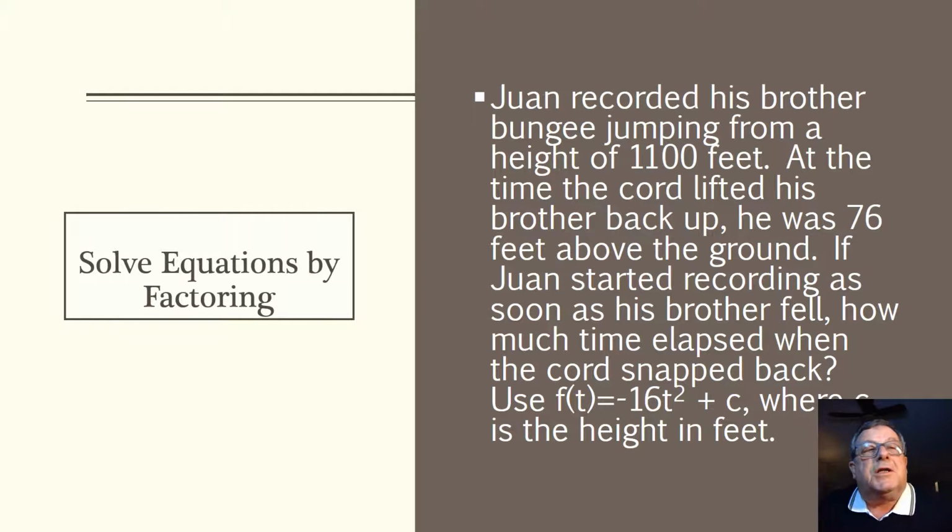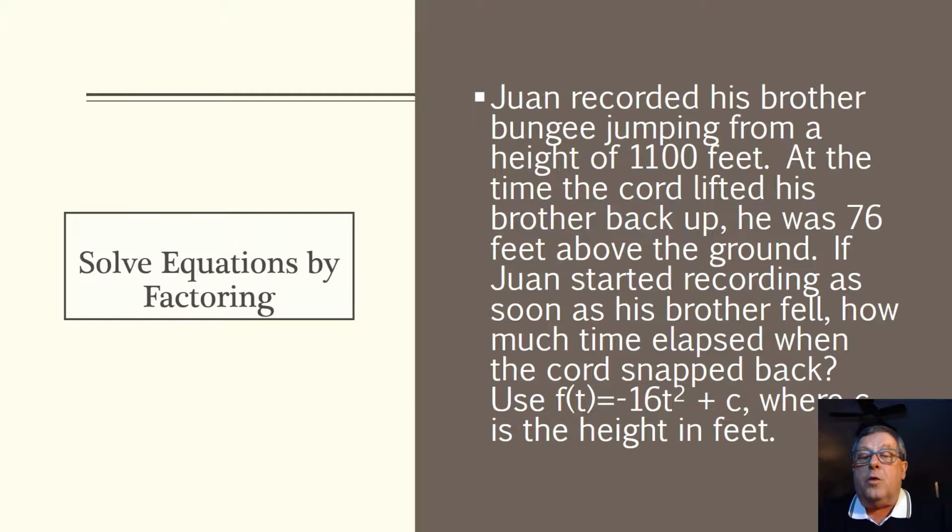Well, this is an interesting little problem found on page 241, real world example 5, solve equations by factoring. Juan recorded his brother bungee jumping from a height of 1,100 feet. At the time the cord lifted his brother back up, he was 76 feet above the ground.